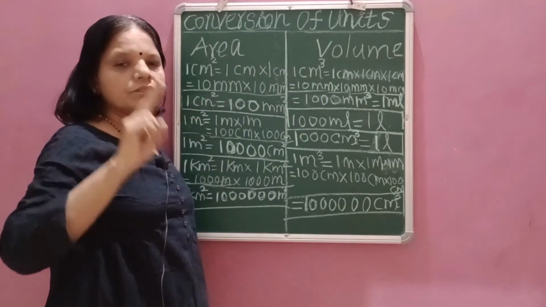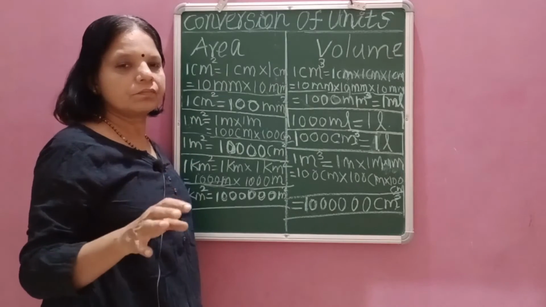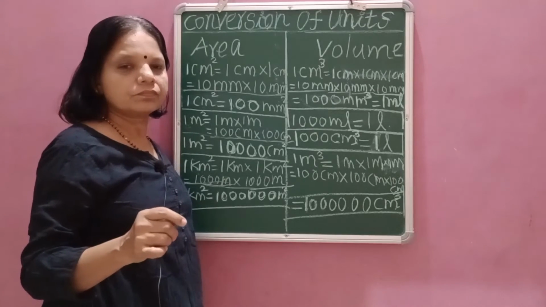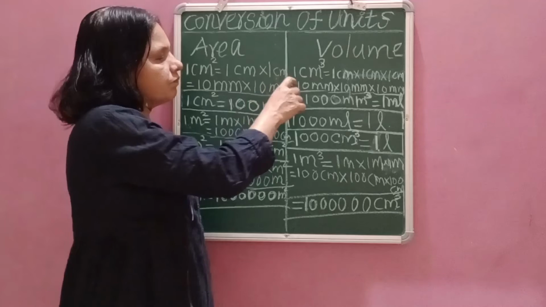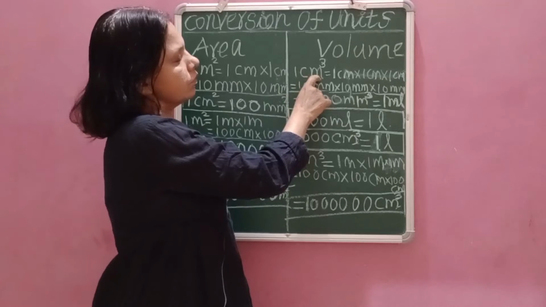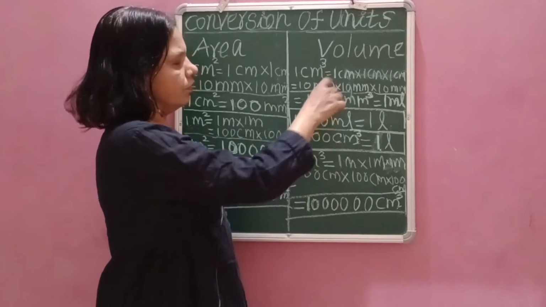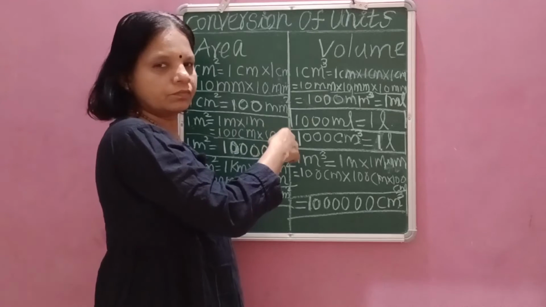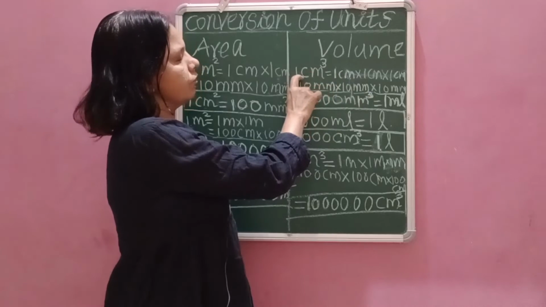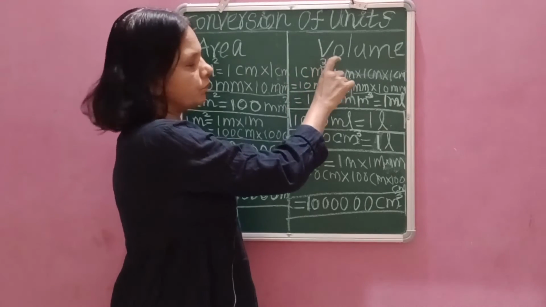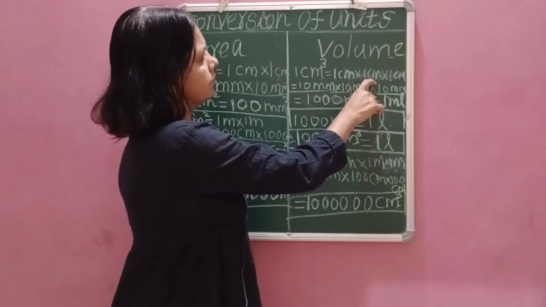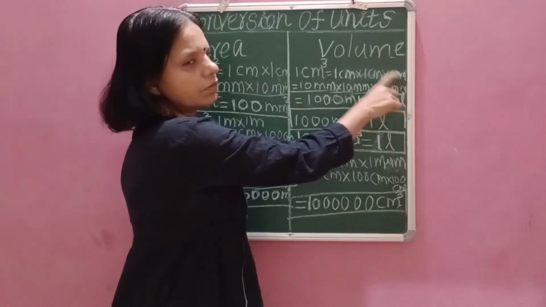Now we will go to volume. In volume, it is repeated 3 times: meter cube, centimeter cube, millimeter cube, etc. First we will see the relation between 1 centimeter cube and millimeter cube. How many millimeter cube will be 1 centimeter cube? Again multiplication: 1 centimeter cube equal to 1 centimeter into 1 centimeter into 1 centimeter.